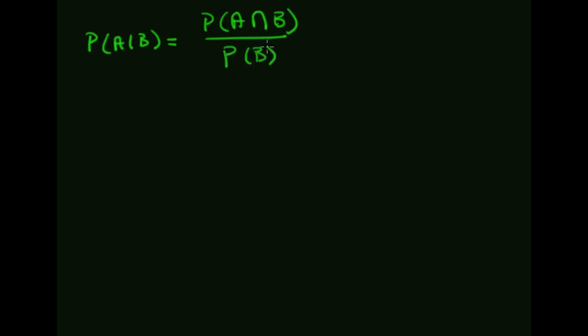All right, so we have this formula. The probability of A given B is equal to the probability of A and B, so you read that cap as "and", over the probability of B. So what does this mean? It's pretty simple.